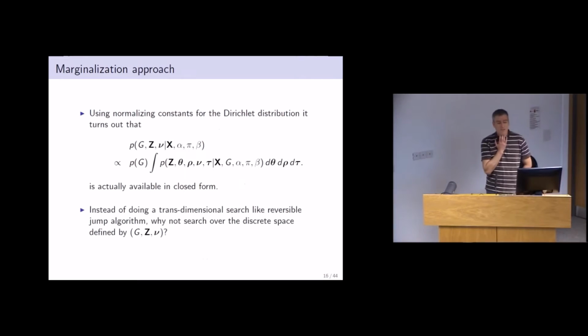But it turns out that you can integrate out almost all of the parameters in the model and drastically reduce the dimensionality of the space that you're trying to explore with your Markov chain Monte Carlo algorithm.